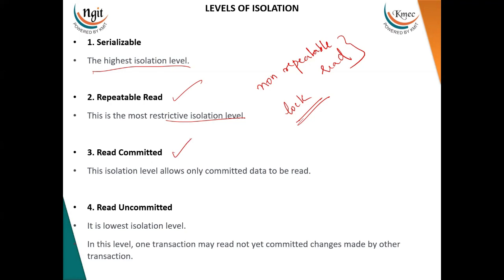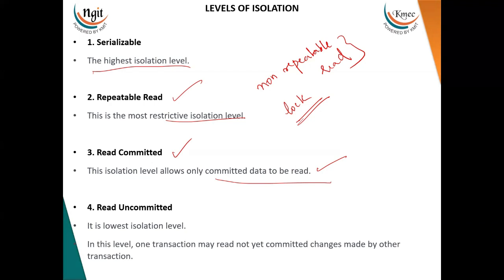Next, let us see what is read committed. This isolation level allows only committed data to be read. So by this statement itself, you can understand that it does not allow any dirty read. What is dirty read? This is again one of the conflicts which we face when multiple transactions execute concurrently with each other.